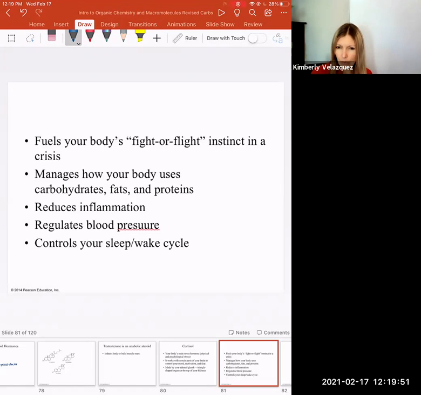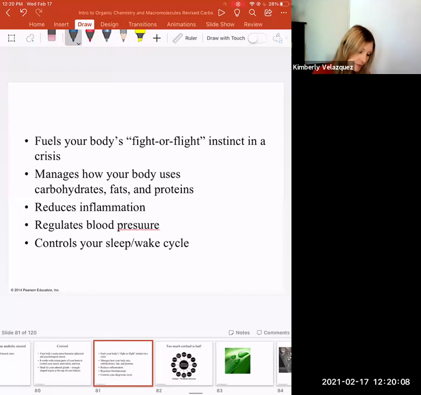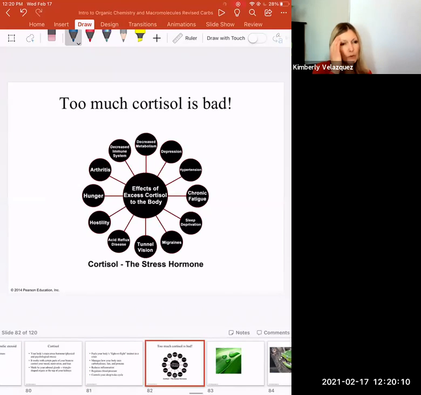But we know cortisol can cause a lot of bad effects too, because it is used to manage how you use carbohydrates, fats, and proteins. And we know that it controls your blood pressure. It can control your sleep and wake cycle. So when you have too much of it, it's bad.